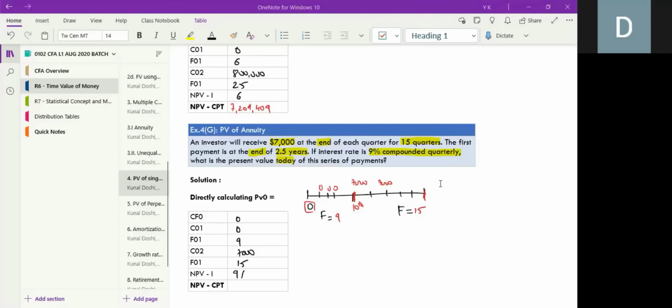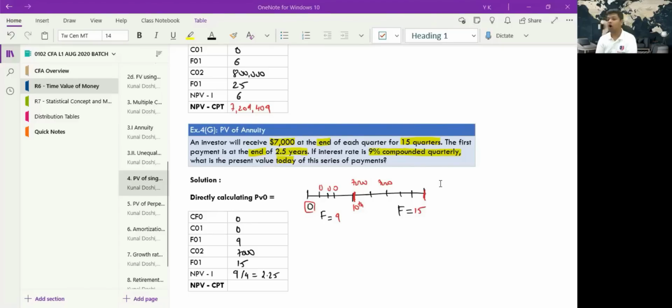2.25. Why 9 by 4, guys? Because it is quarterly. Most of the students would make a mistake here. Either they take 9 or 9 by 12 or something else. Remember, everything is now quarter. So don't keep it 9. Many must have also done 9.